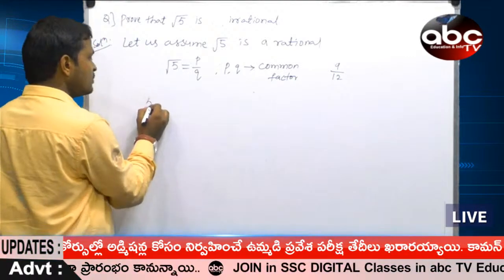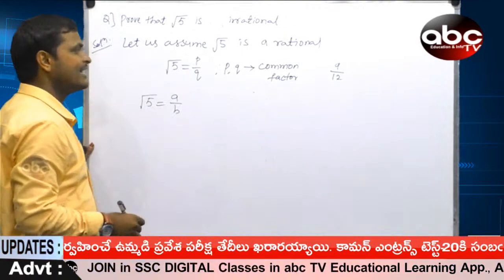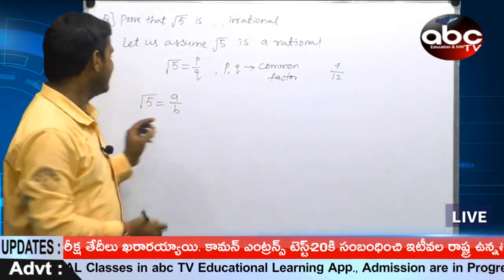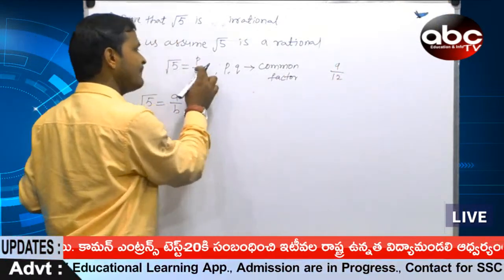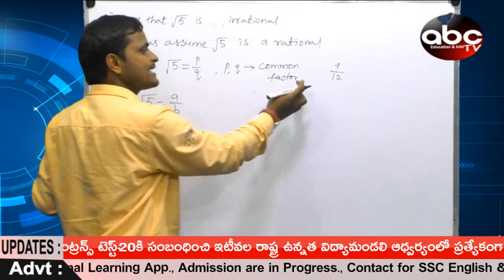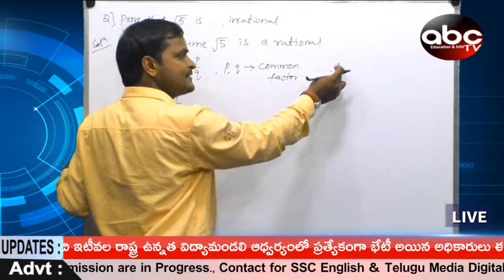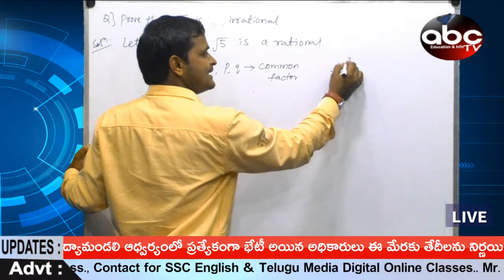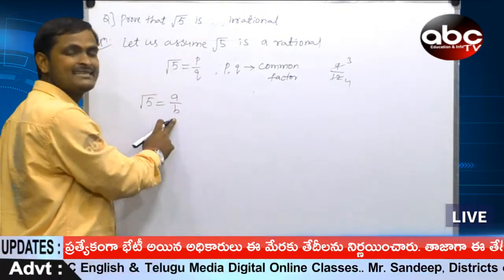Then root 5 is equal to a by b, when we divide with the common factor. For suppose 9 by 12 is the p by q form. The common factor is 3. When we divide with the common factor, we get a by b: 3 threes are 9, 3 fours are 12, so a by b means 3 by 4.